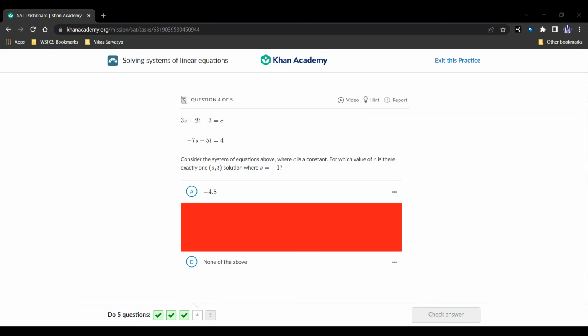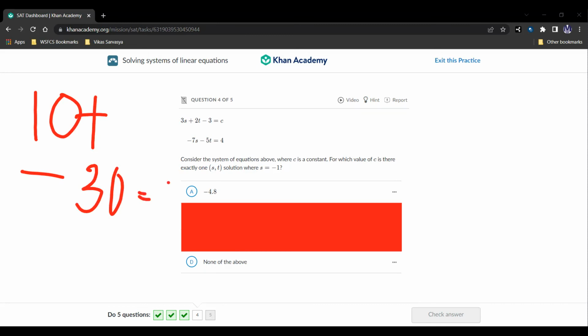We're going to try to do the same elimination method and isolate c in terms of s. So we multiply the first one by 5, we get 10t minus 30, because s -1 equals 5c.